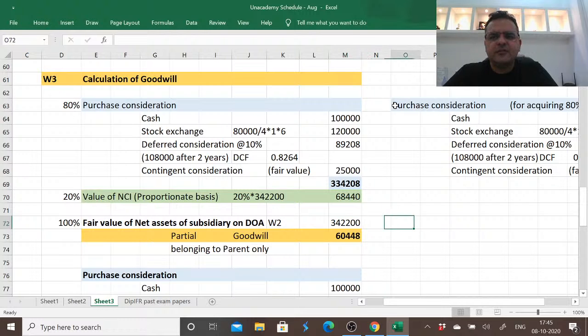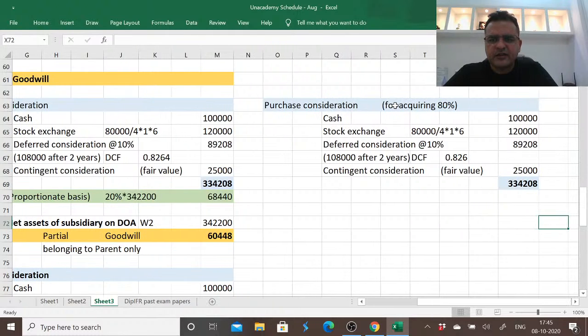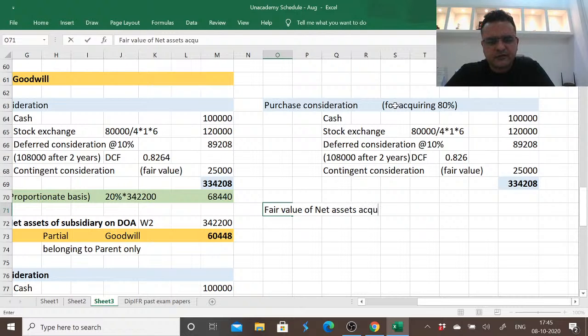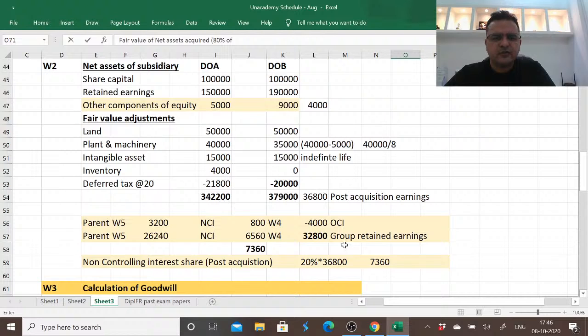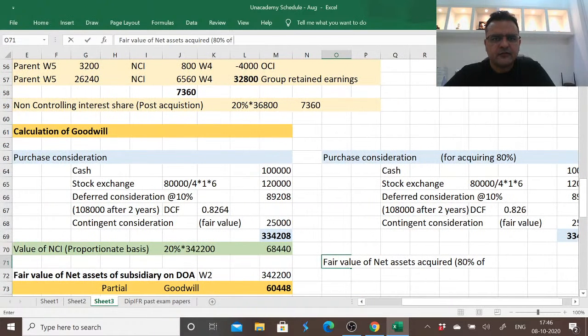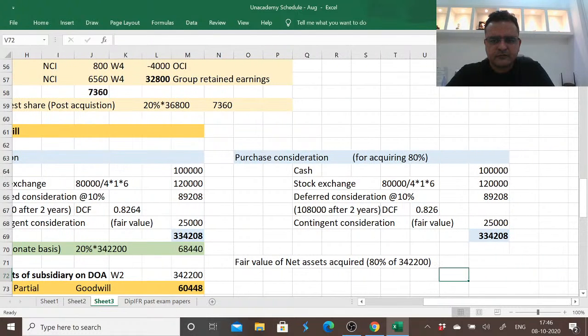We were valuing it directly by comparing the purchase consideration with fair value of net assets acquired, which was 80% of 342,200. 80% of 342,200 is 273,760.